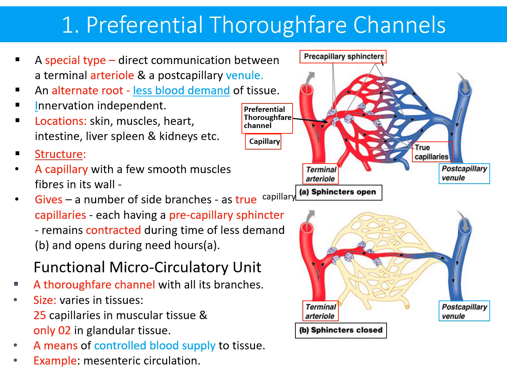Its size varies in tissues and roughly the capillary number varies from 25 in muscular tissue to only 2 in glandular tissue. It is a means of controlled blood supply to the tissue according to the demand of the tissue. And the best example is mesenteric circulation.